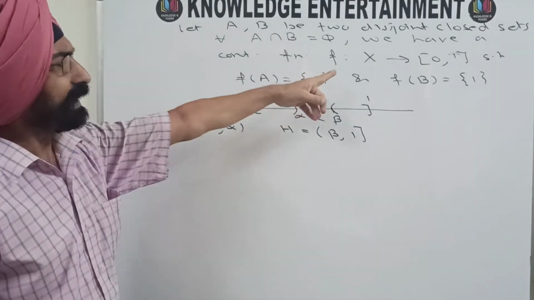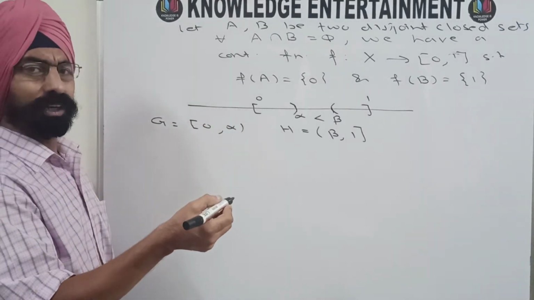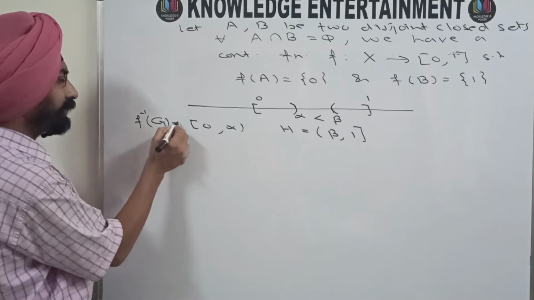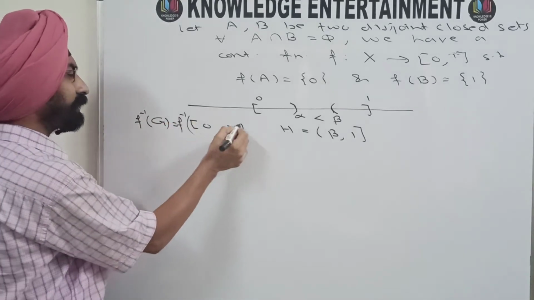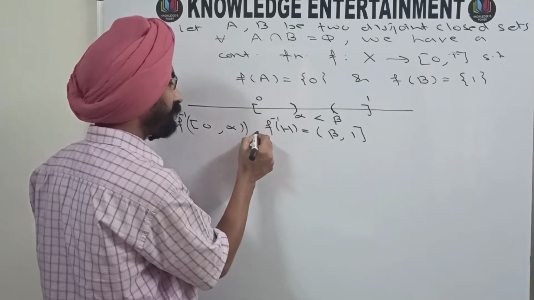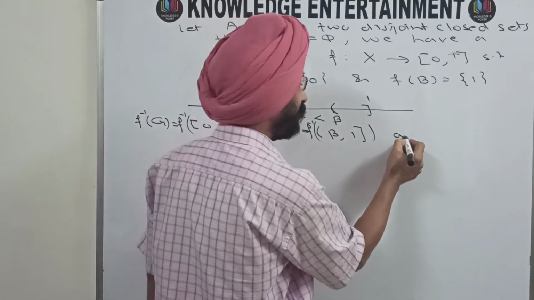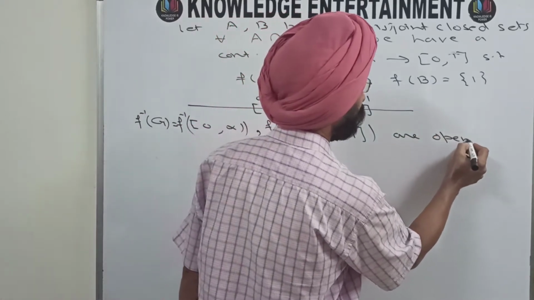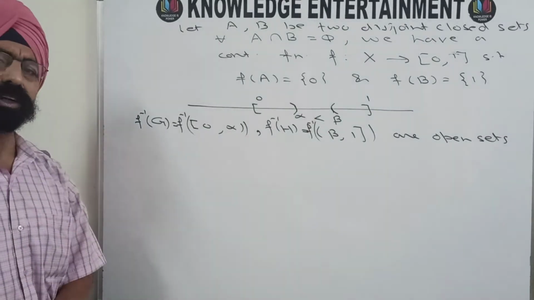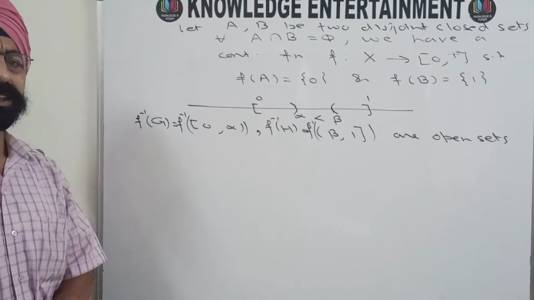And since the function f is continuous, their inverse images will also be open. So f inverse G and f inverse H are open sets, because G and H were open and the function is continuous.